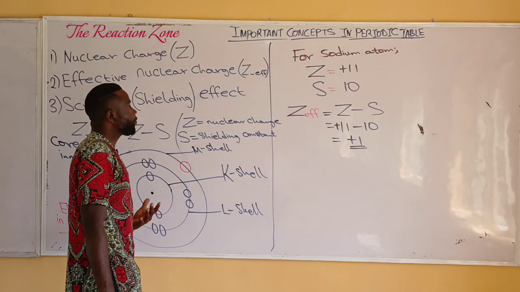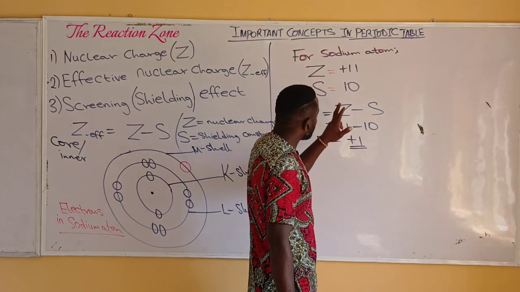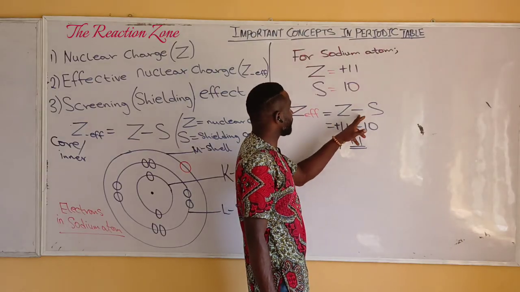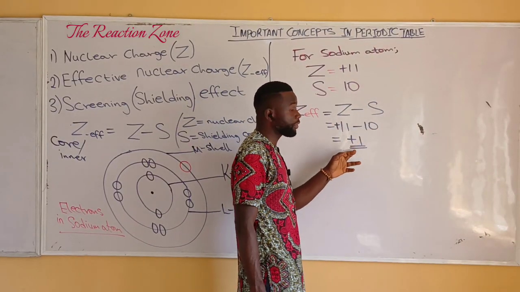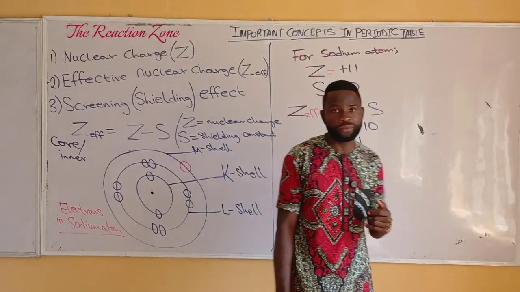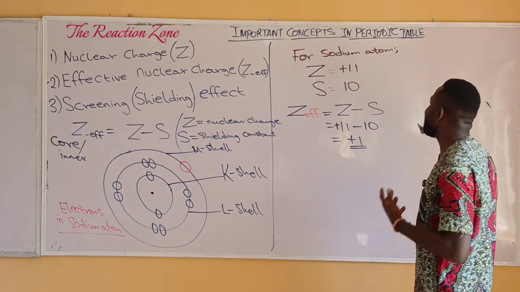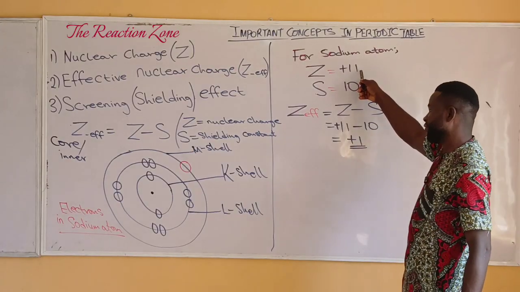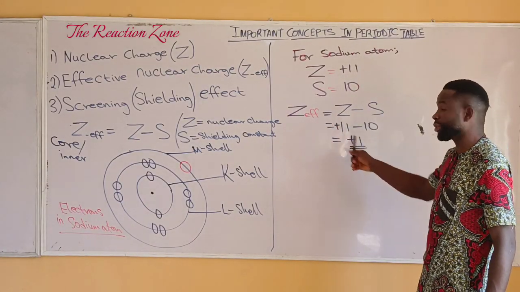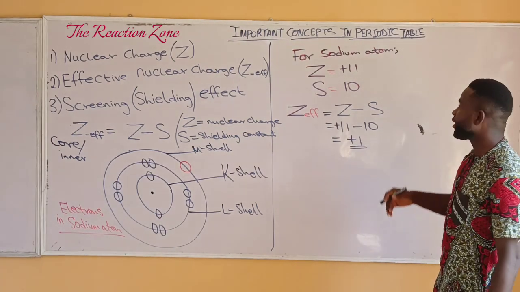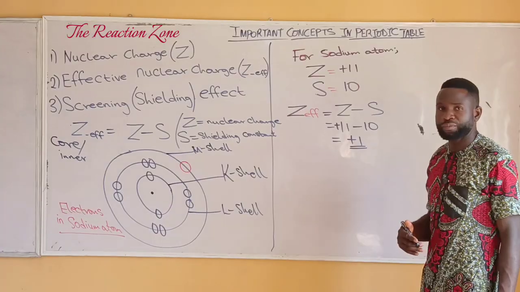The effective nuclear charge is going to be the nuclear charge minus the shielding constant, that is plus 11 minus 10, which is plus 1. Now, if we look at the value of the nuclear charge for sodium, which is plus 11, and the value of the effective nuclear charge for sodium, which is plus 1, you can see that the values are not the same.